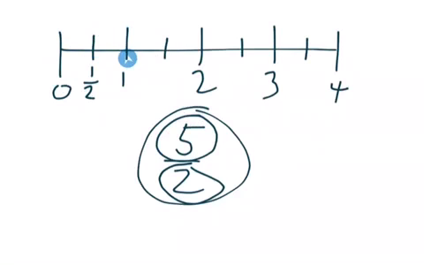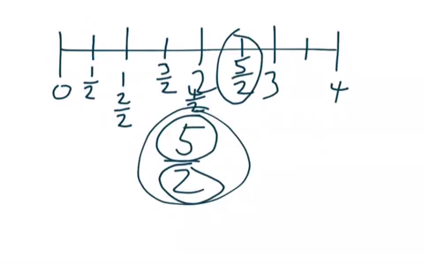This is 2 halves, 3 halves, this would be 4 halves, and the next one would be 5 halves. Each section is a half, and we're looking for the 5th one. We could just count it off instead of labeling it and say 1, 2, 3, 4, 5, 5/2.